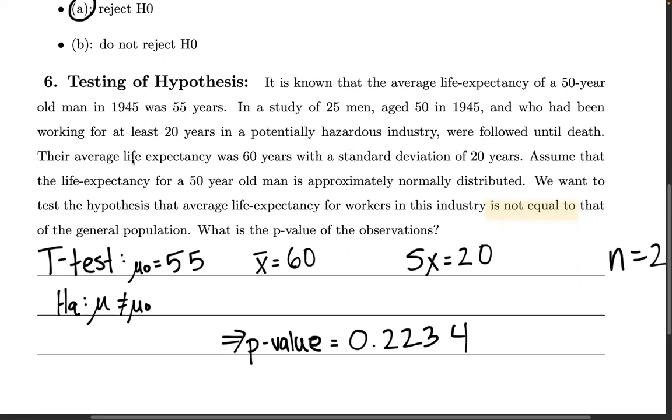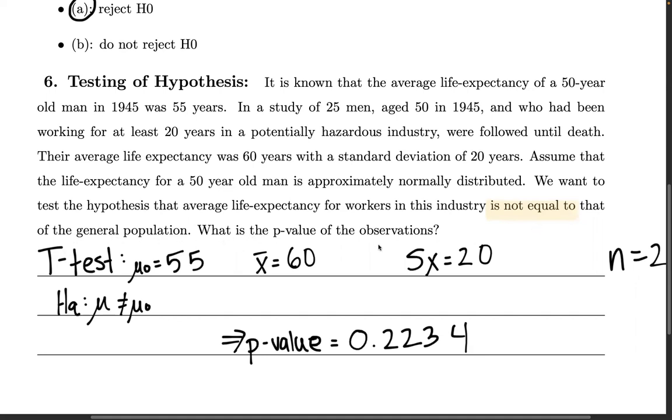Their average life expectancy was 60 years with a standard deviation of 20 years. Assume that the life expectancy for a 50-year-old man is approximately normally distributed. We want to test the hypothesis that average life expectancy for workers in this industry is not equal to that of the general population.